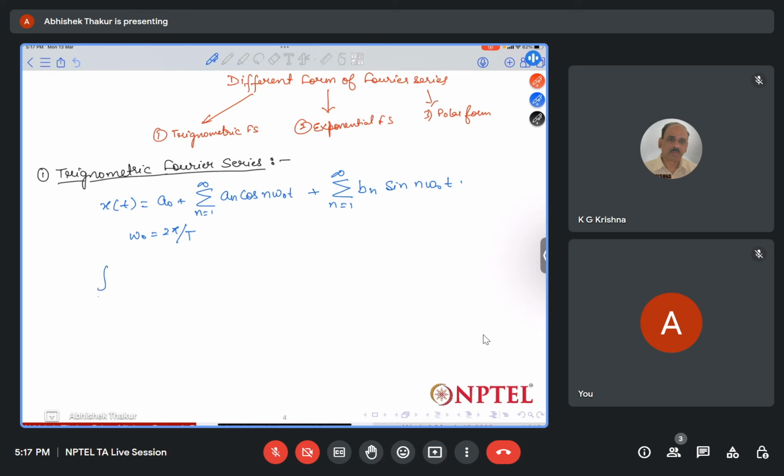So after integrating, integral from 0 to T of x(t) dt is equal to, and when you integrate, first I can write both the cosine and sine terms together, because both depend on the variable n.